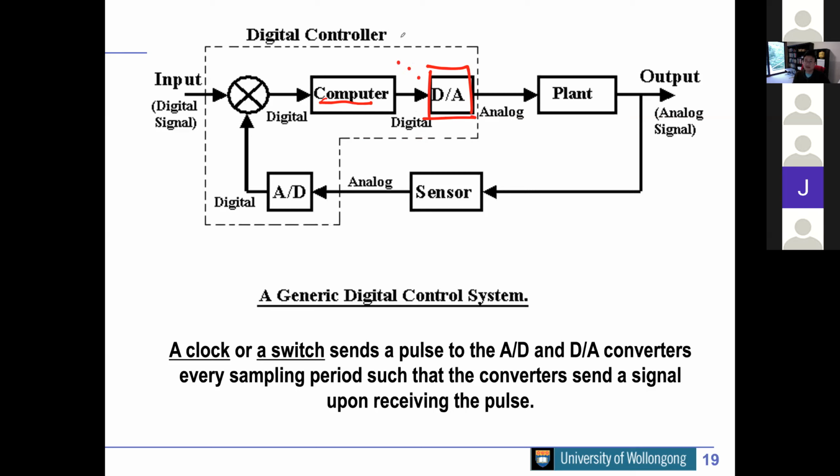Each signal comes out with discrete values. However, our plant needs a continuous signal to drive it, so we need a digital to analog converter. Normally you can use a zero order holder, so the individual points become a staircase, zigzag waveform, and you use that waveform to drive your output. That's the digital to analog converter.